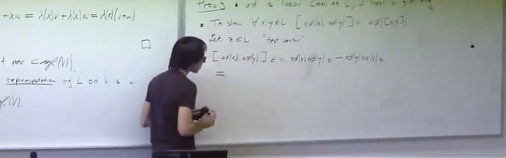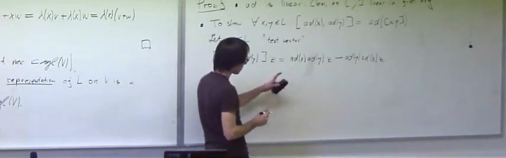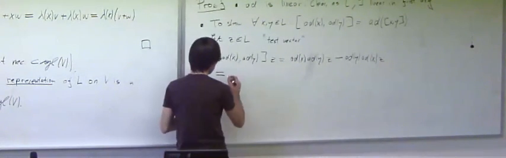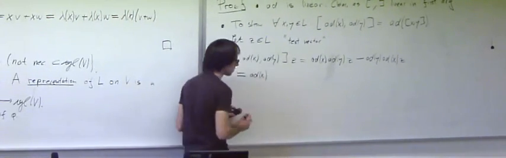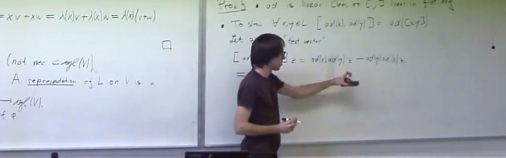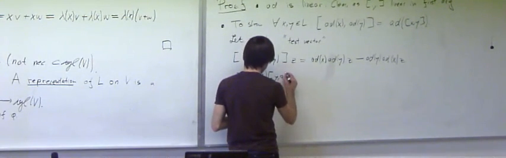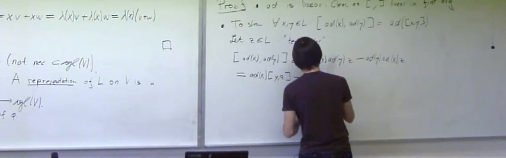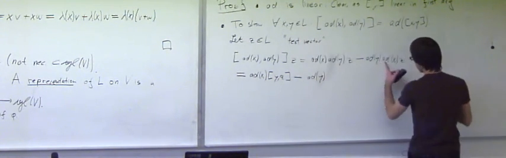So maybe we should switch back to a bracket notation, because this is now a computation in the Lie algebra. So ad x is applied to ad y z. So this is just [y, z] minus ad y is applied to ad x z.